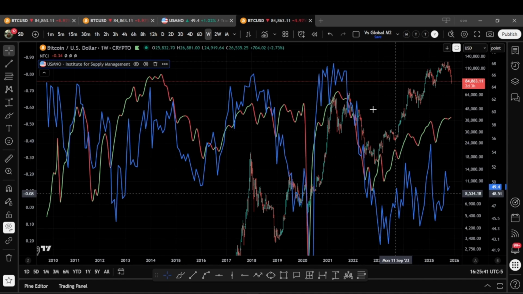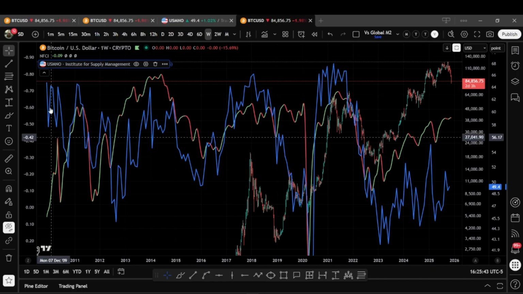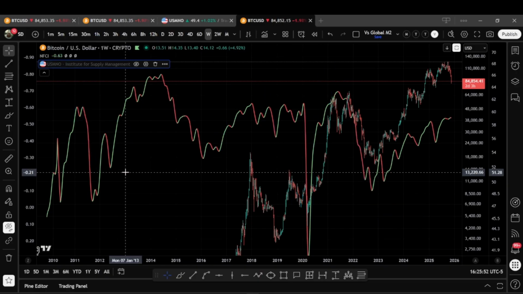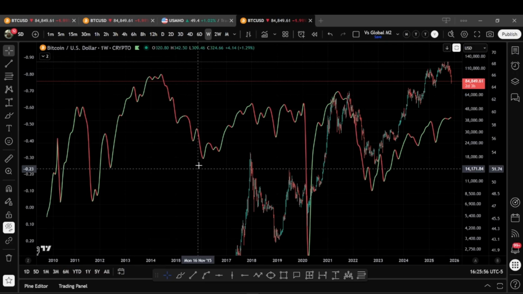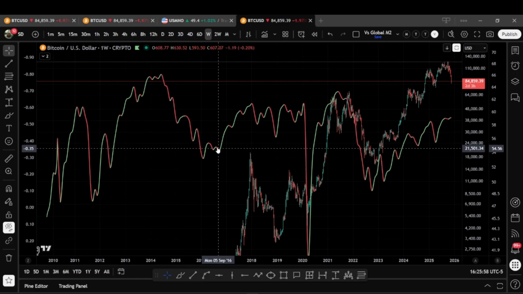Incredible. Now, let's remove the business cycle for a second. That's something we're familiar with. I wanted to show you how correlated they are. Right now we have the line chart.